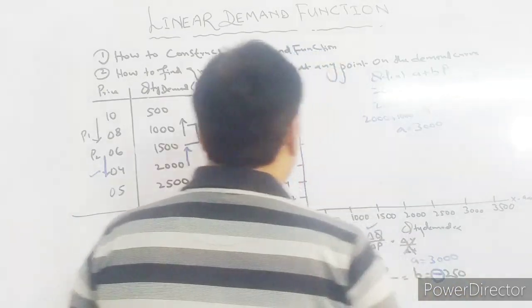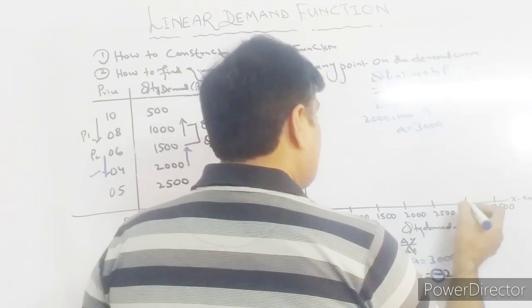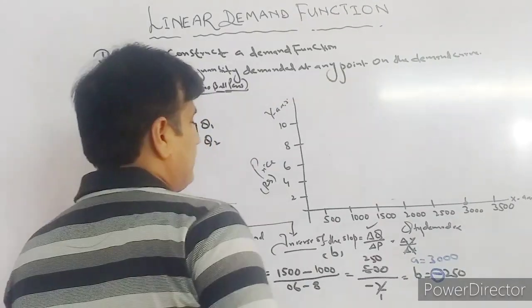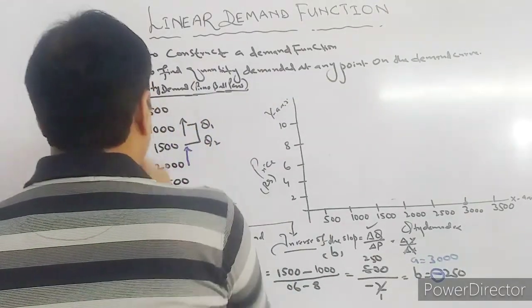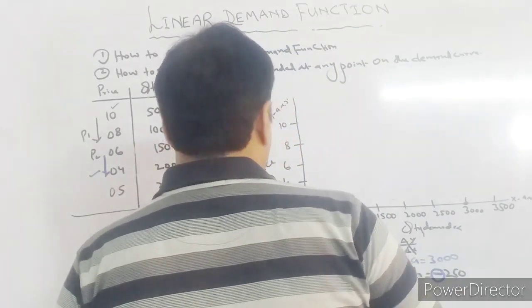It means that quantity demanded of 3000 is autonomous. When the price is 10, the quantity demanded is 500.